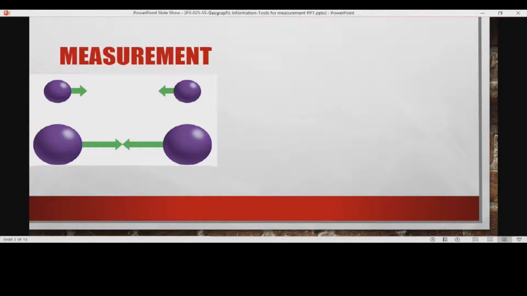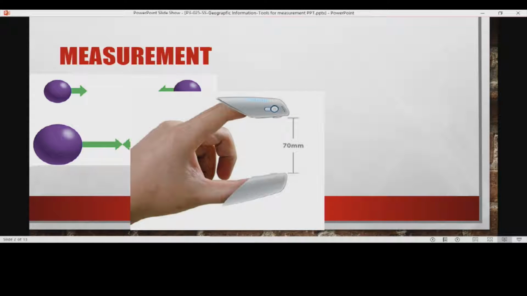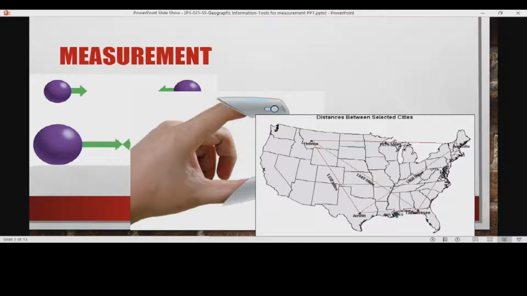Measurement. The distance between two objects. You can see here, if we hold our 2 fingers fairly closely, we could say the distance is 70 millimeters. But when we look at countries, we're looking at long distances.